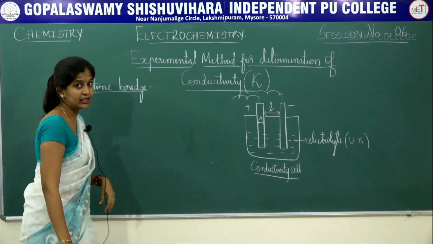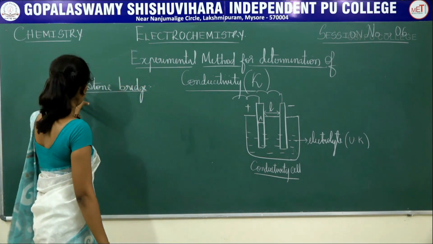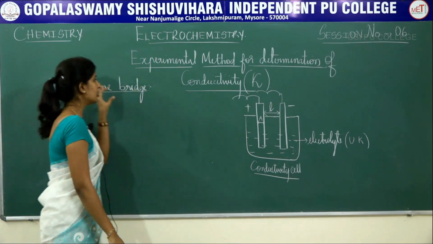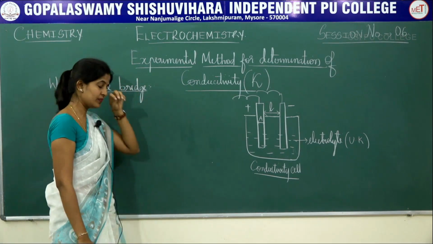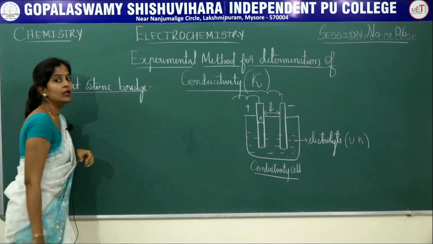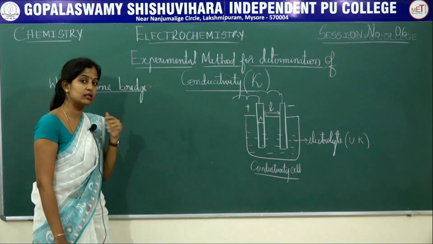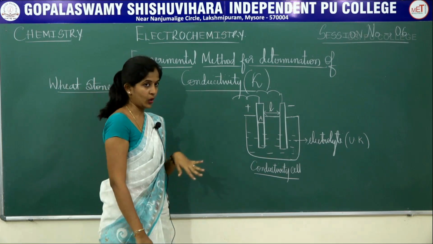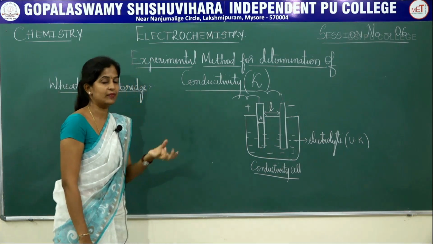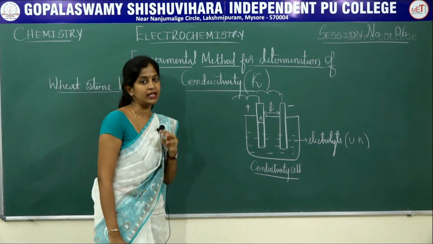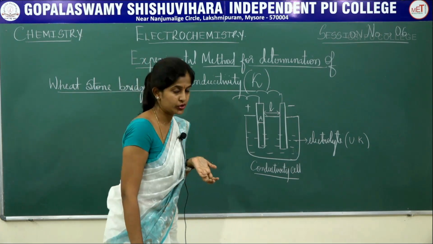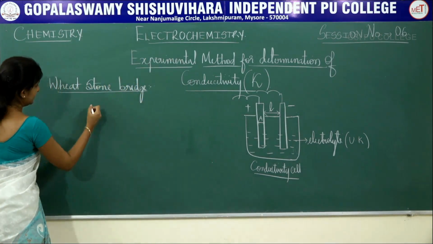You have an experiment with the Wheatstone bridge even in your physics. So let us see what this Wheatstone bridge is. A Wheatstone bridge is a circuit of 4 resistors wherein 3 resistances are known and 1 is unknown, and the unknown resistance is determined by varying the 3 known resistors. So the bridge looks like this.